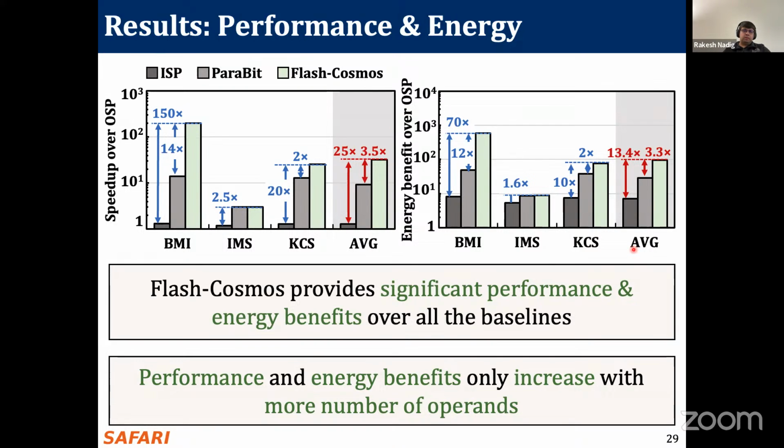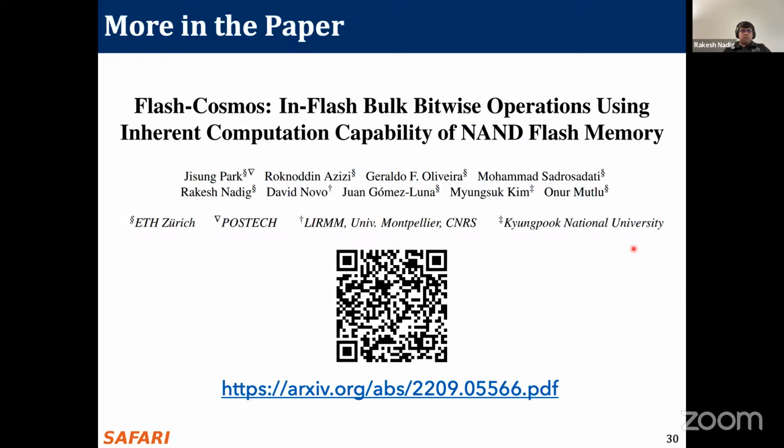The more operands we simultaneously read as part of our MWS operation, the higher the performance and energy benefits. That is a very brief description of the results. There are a lot more details in the paper explaining these workloads, the real device characterization, and the results from those experiments. I would refer you to the paper, and this is the link to it.